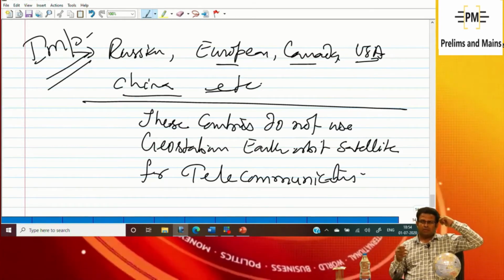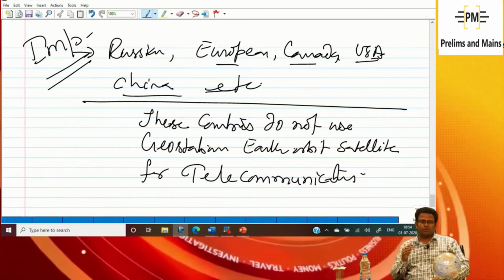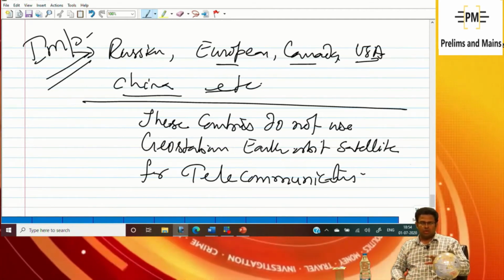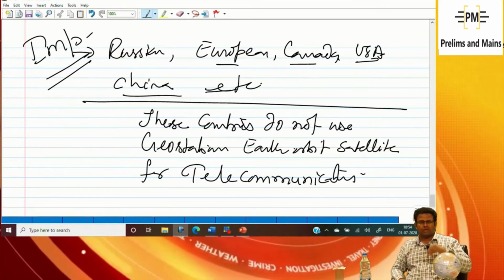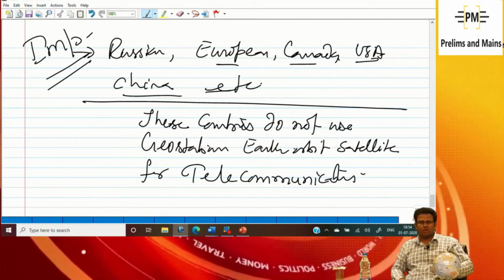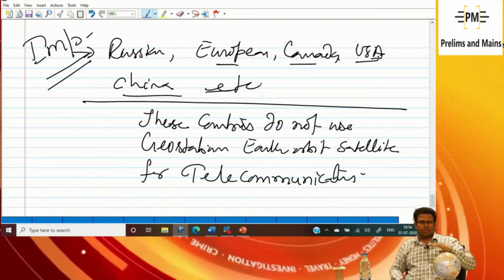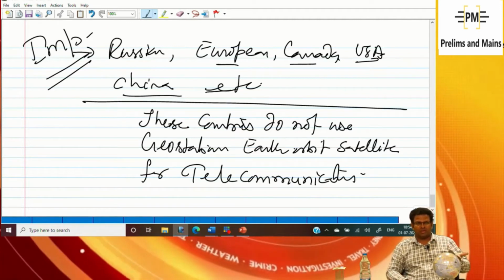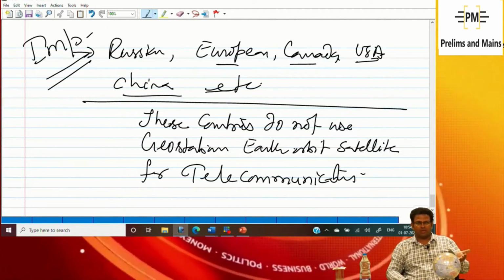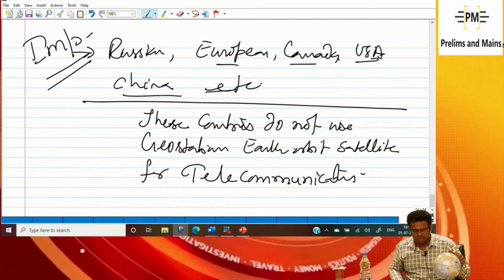Yes or no? You know there is some obstruction. Suppose your room is on the first story and Wi-Fi signal will not go into the second story, because something is obstructing the signal. When the signal is obstructed, it will not be able to go properly. Getting my point?